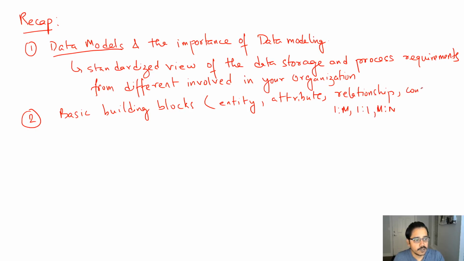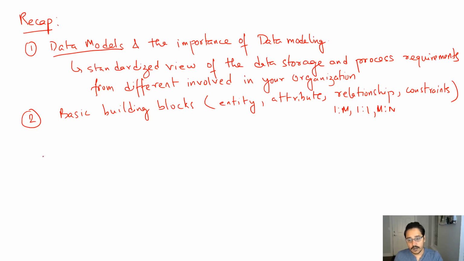And then constraints, which will basically help us, together with these basic building blocks and a data model of our choosing, to convey the conceptual design of our database to everyone.